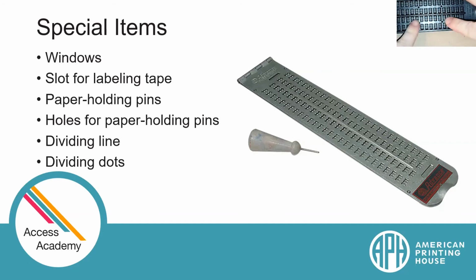Start on the right side of your slate and count how many cells over until you come to a dividing dot. If you come to a dividing dot, what do you come up to? We'll see in the chat what people come up with.